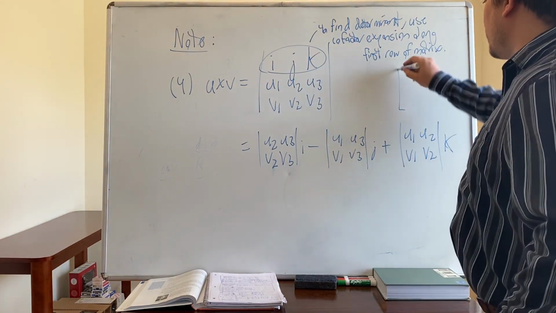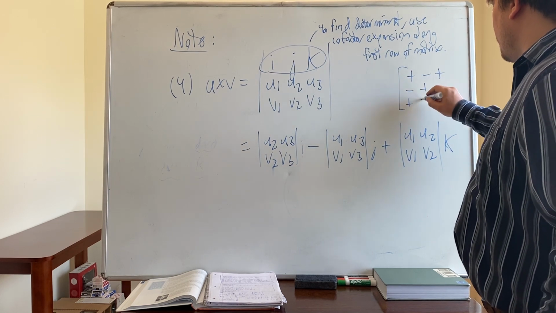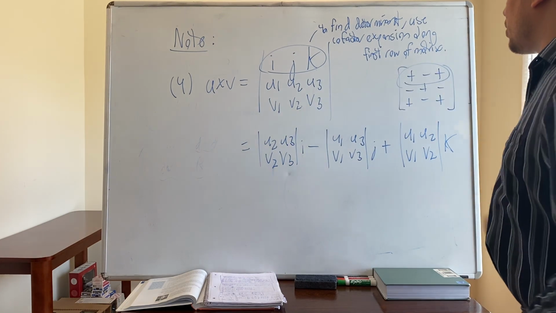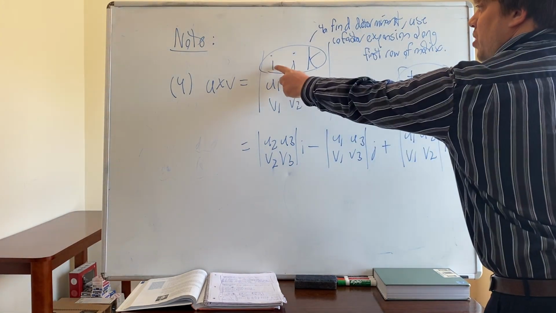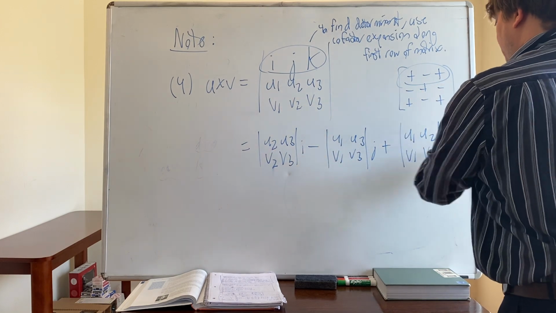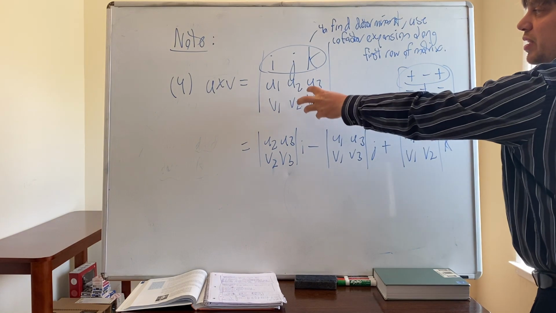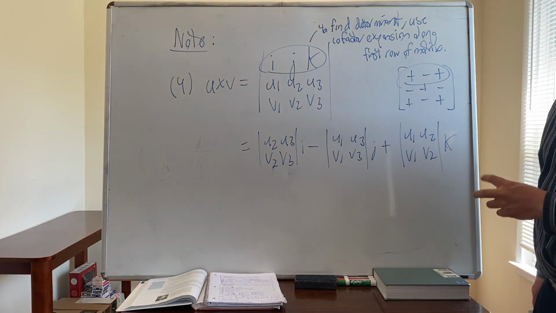Because when you take the determinant, you have to consider the signs. And so when you move along the first row here, it's going to be plus I, minus j, and plus k. And you'll multiply each of those by the corresponding determinant of the submatrix.